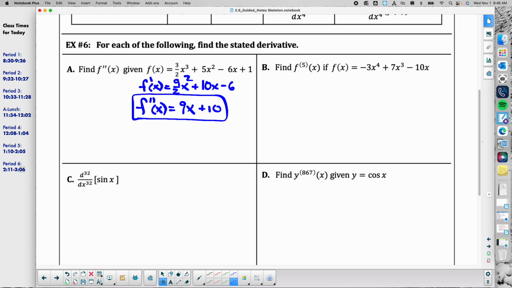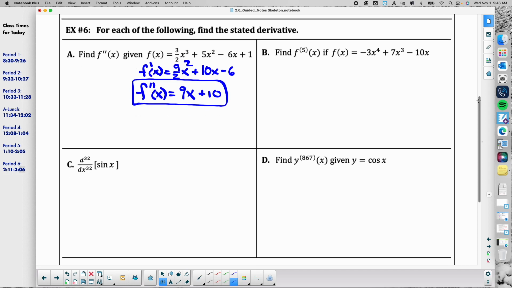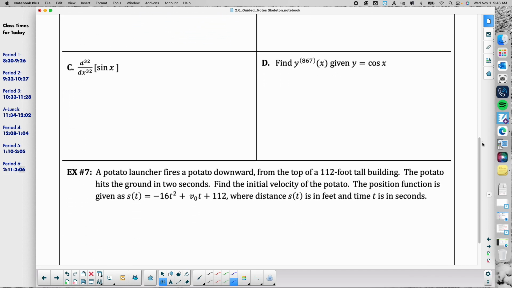Okay, C. The 32nd derivative. No work, no problem. Okay, so sine of x, we'll call that f. We'll signify this with notation. This isn't as bad as it seems because sine and cosine are their own derivatives, in a cycle.